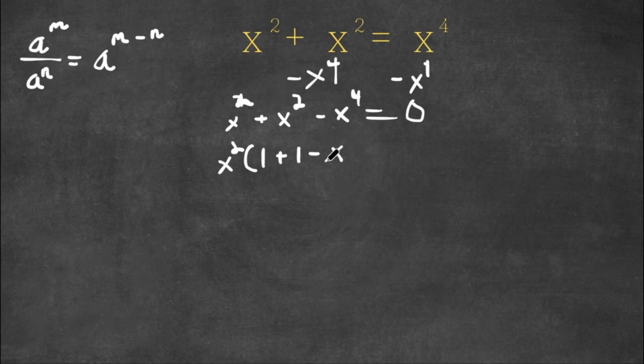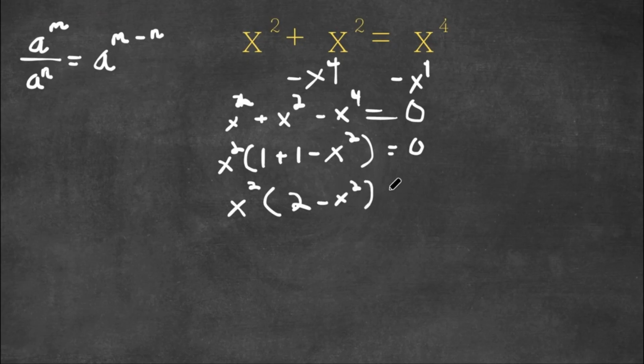So this would be x squared, and this is equal to 0. Now 1 plus 1 is 2, so now we have x squared times 2 minus x squared is equal to 0.